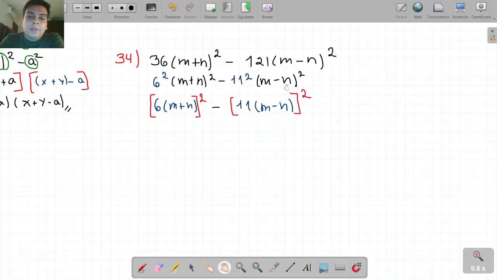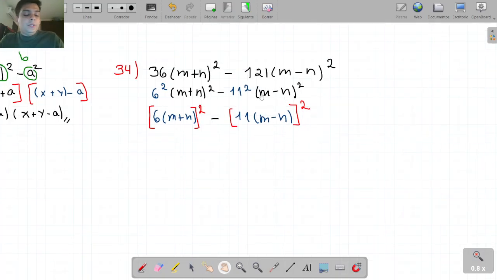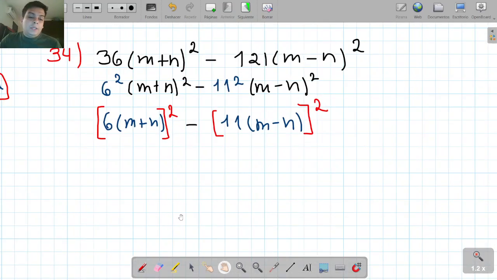Now, you may be wondering, why did I take the 2 outside? I took the 2 outside because we have the same here and here, therefore I can put it outside. And the same happens here. We have the 2 here, the 2 here, and we can put it outside.